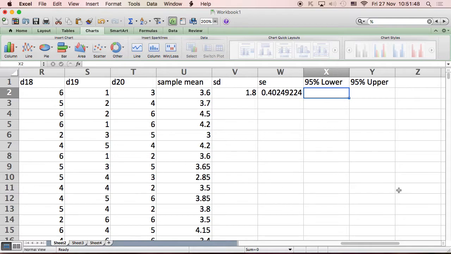Okay, the lower part is equal to the sample mean minus the critical value, which is 1.96, times the standard error.